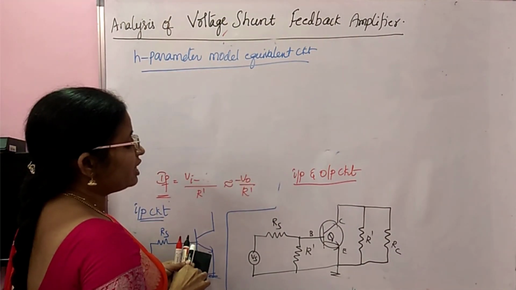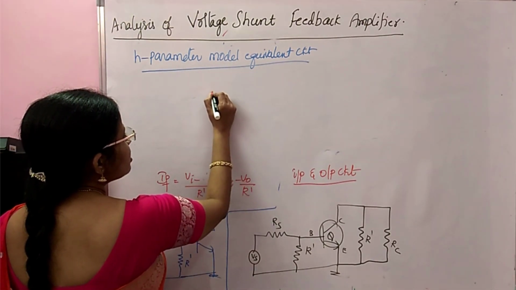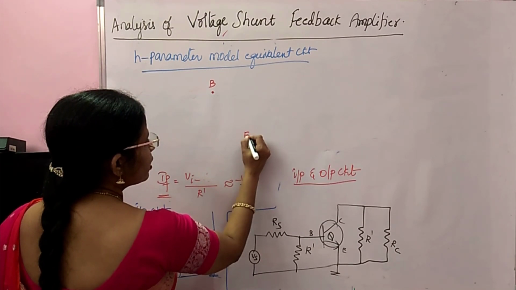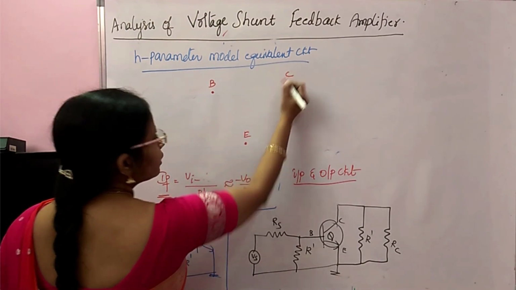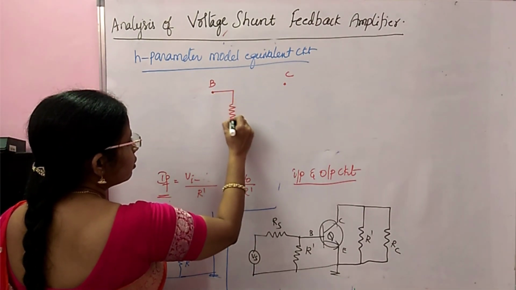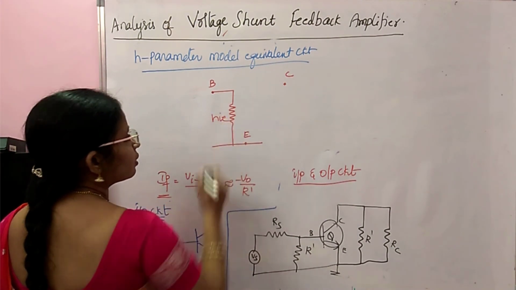H parameter model equivalent circuit. First here is the base, emitter and collector. Fine. Between base and emitter, you are going to have hie.